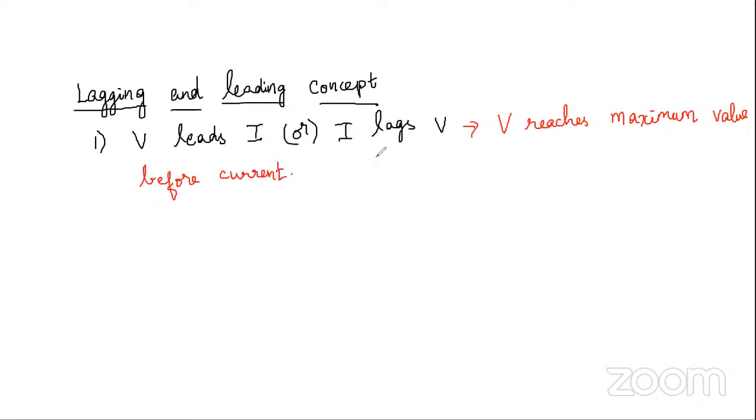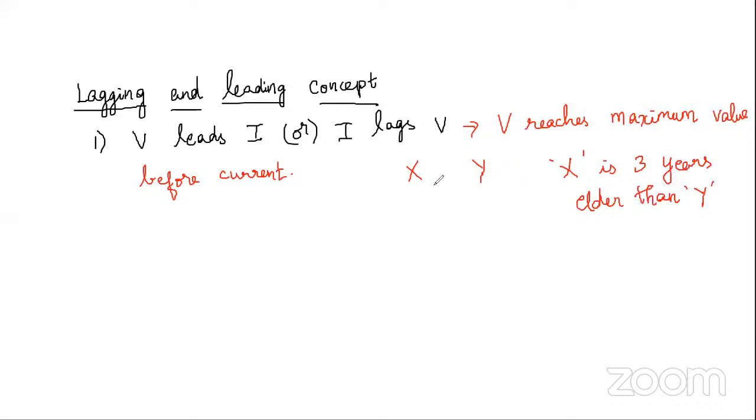So I can give you a simple example here. You have two siblings, X and Y. X is actually 3 years elder than Y. So what will happen here?